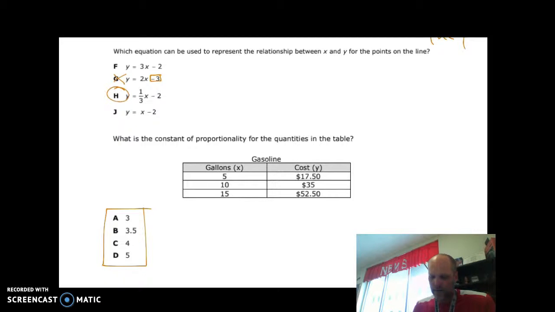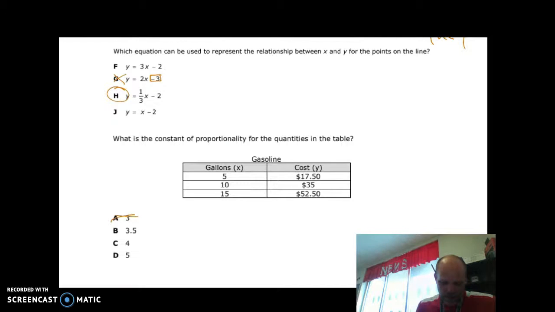Just use your answers. Let's just start with a 5 with answer choice A. Is 5 times 3 $17.50? No. I'm not even going to play with the decimal already. It's probably the decimal, but I'm not going to play with it because I don't like decimals.